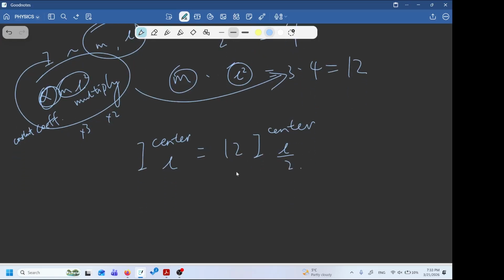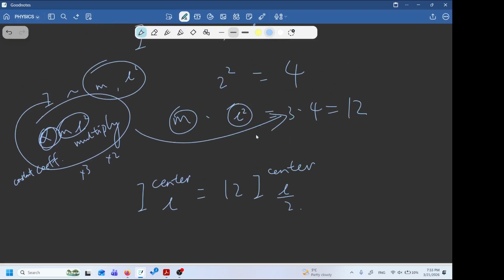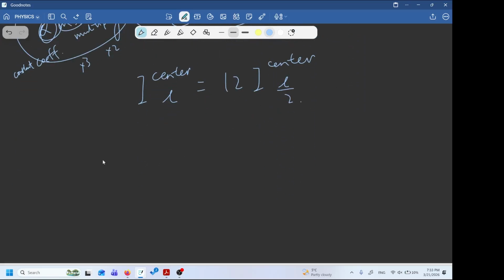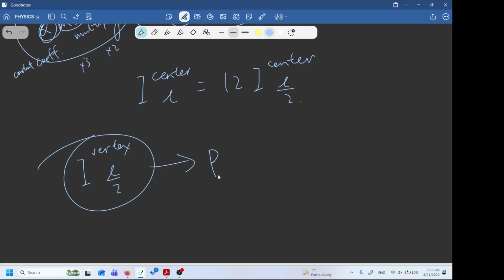So here we're just getting a relationship for the center L over 2, since if you do the vertex, we will have to use the parallel axes theorem. And so now we need a formula for the I vertex L over 2. And here we will use the parallel axes theorem.